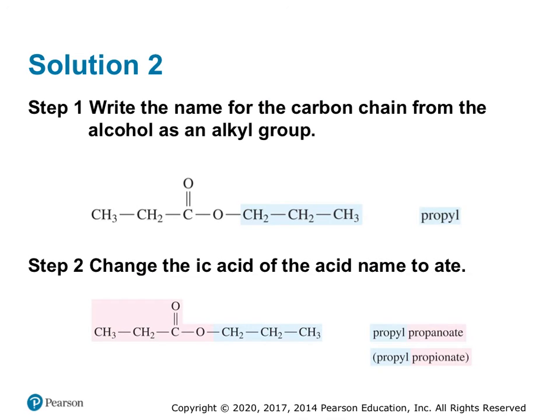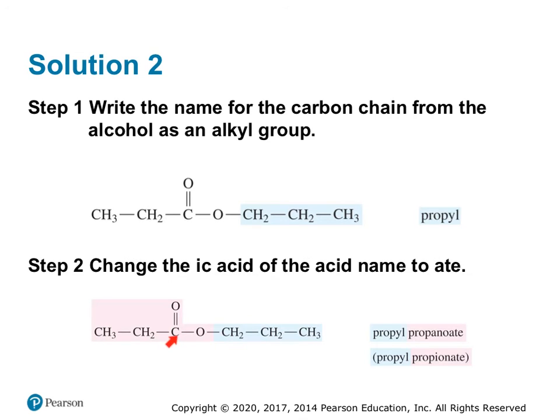So then looking at the name, the alkyl group is a 3-carbon chain, 1, 2, 3, and that's propyl. Then looking over here, I have again 3 carbons, right?